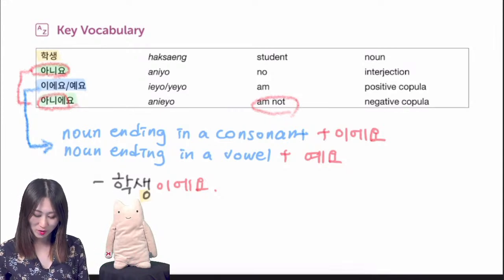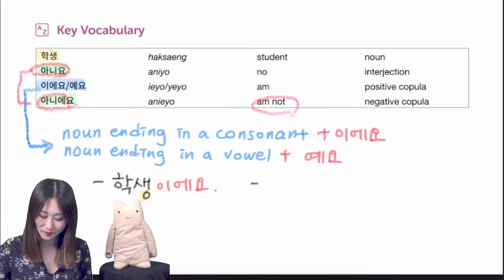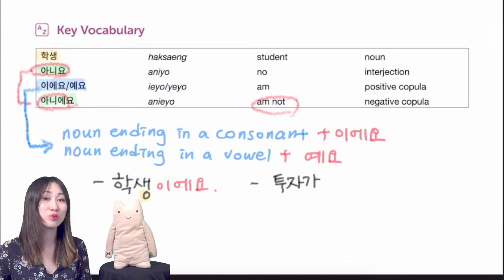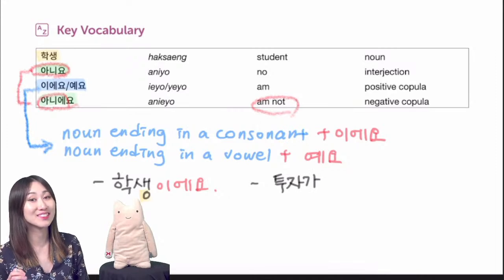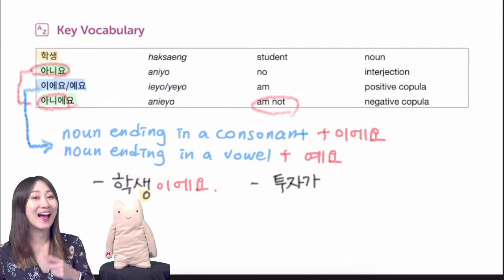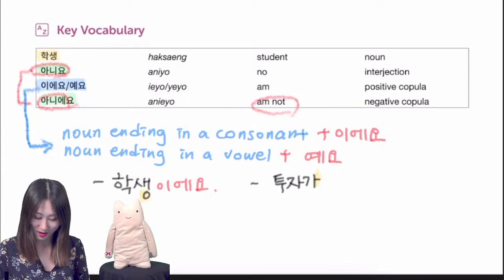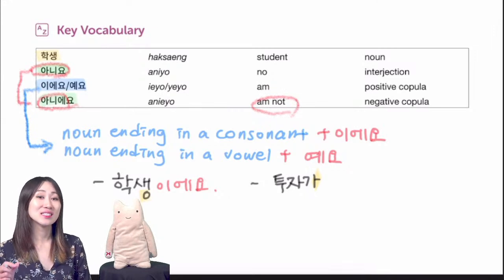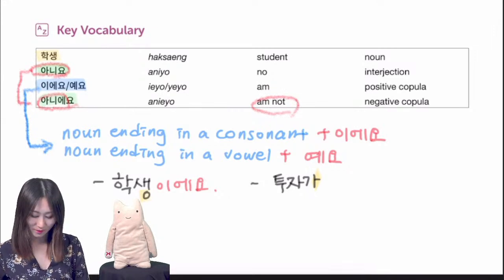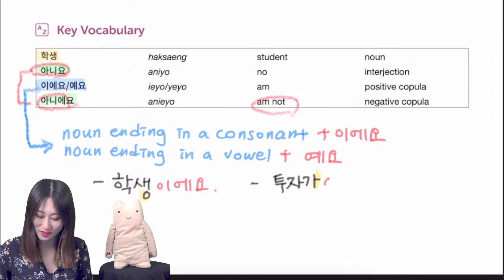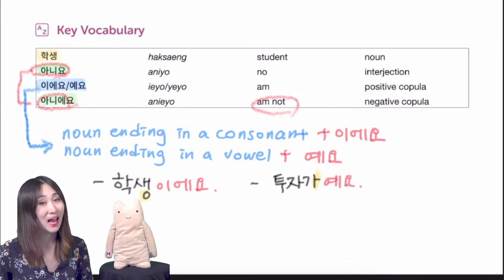Or what if the person wants to say 투자가? Remember this word? In the dialogue, we learned 투자가, right? 투자가 means investor. It ends with the a sound, right? Did you see this? Since it ends with a vowel sound, it should be 예요, as in 투자가예요. I'm an investor.